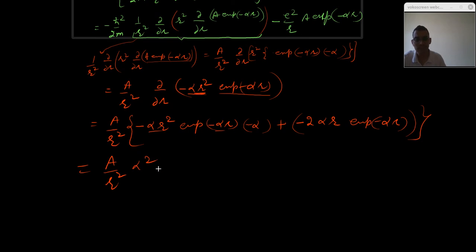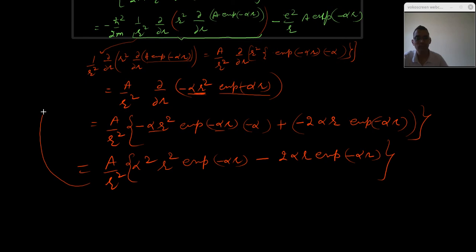So it is A upon r square, alpha square r square exponential of minus alpha r, minus 2 alpha r exponential of minus alpha r.